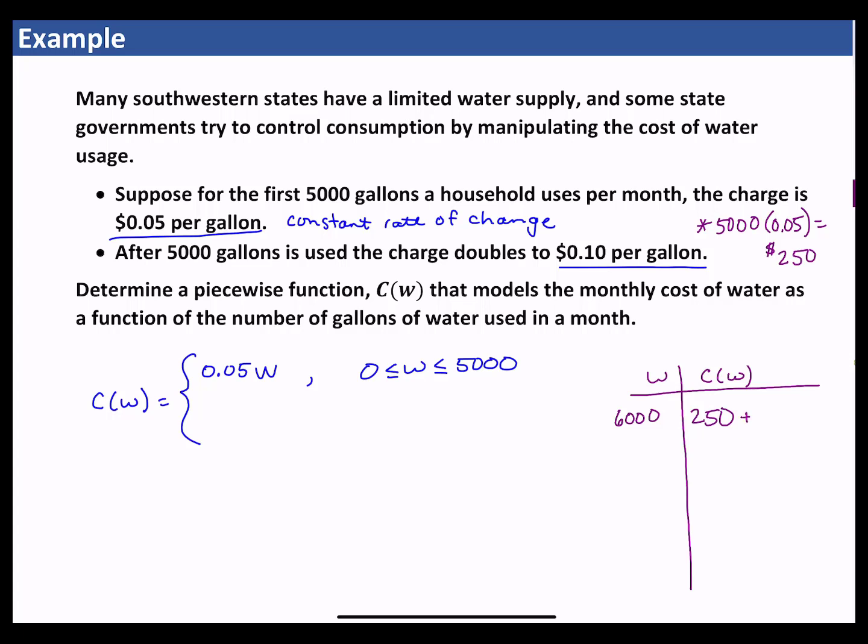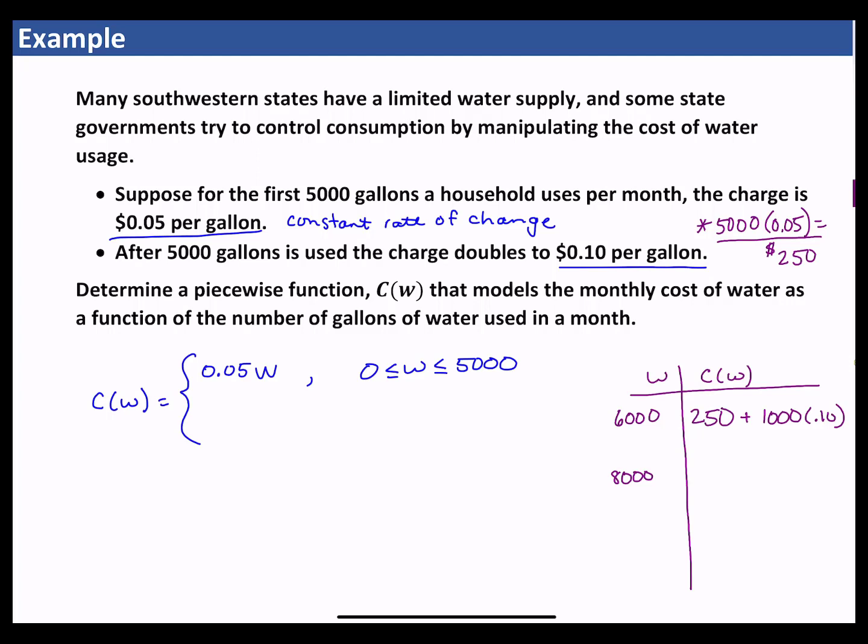And then for the excess, that extra 1,000 gallons they used, that's where they're going to be charged 10 cents. So as another example, let's say a family used 8,000 gallons of water. Again, for the first 5,000 gallons of water, they're only charged 5 cents per gallon.